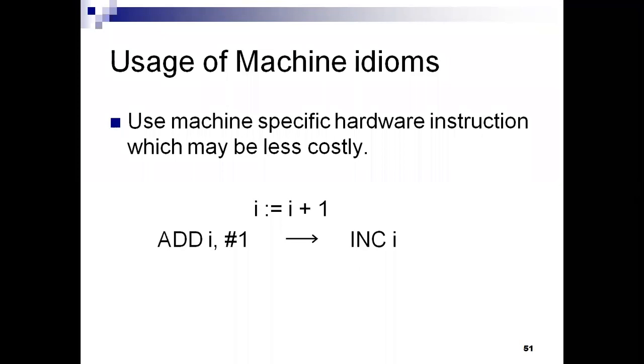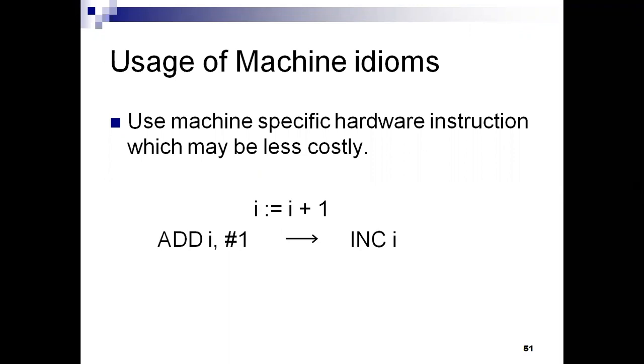And here my example is auto increment. Instead of using add, initially from the given code I is equal to I plus 1, the addressing mode there is add I, 1, right? So what I am doing here is replacing it by the auto increment.